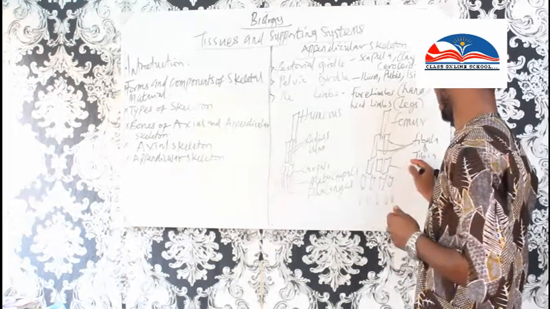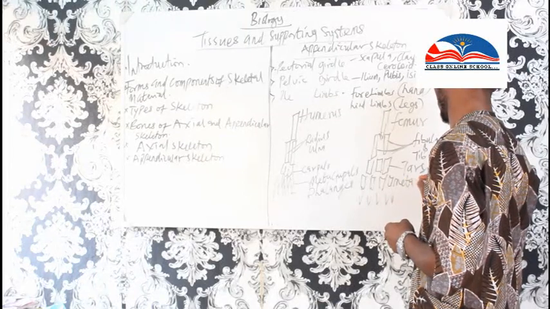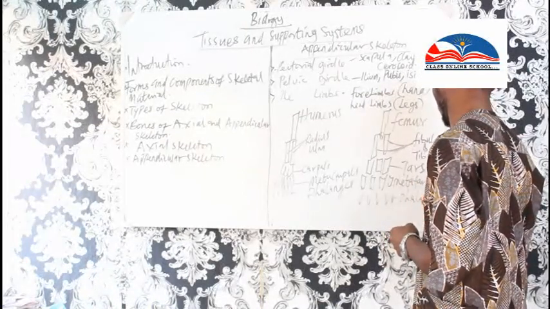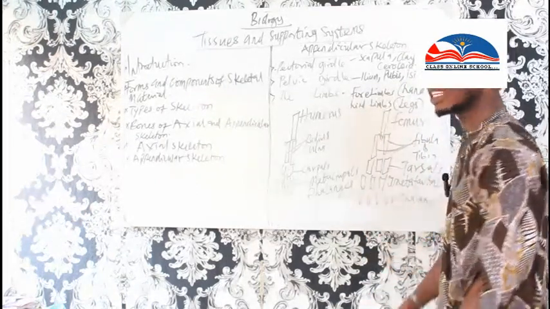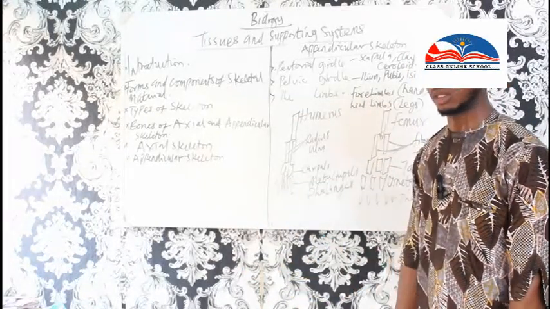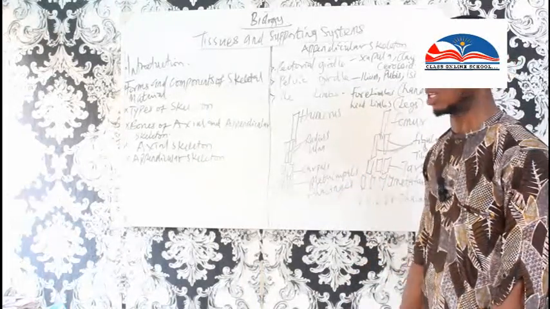Now, we have tarsals, metatarsals, and phalanges. Now, this is the arrangement of the bones in the limbs. And when I say limbs, I mean the forelimbs and the hind limbs.